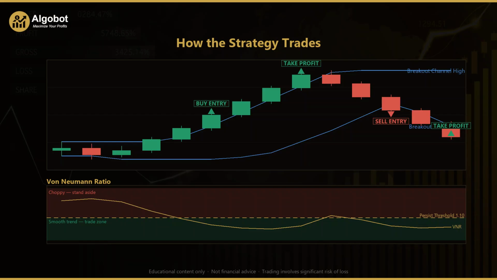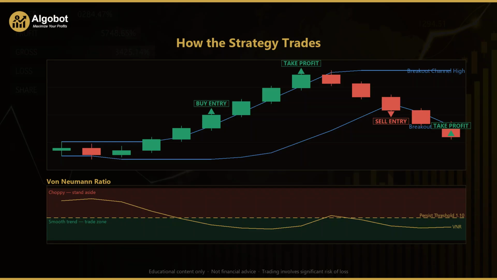Price steps lower in an orderly way, and once more the von Neumann ratio drops beneath the threshold into the smooth trend zone. Now the net displacement over the direction window has turned negative, so the bias flips to down. On the marked sell candle, price closes below the lower channel line, breaking beneath the lows of the preceding bars. The sell entry marker appears there, a smooth down path confirmed by a downside breakout.